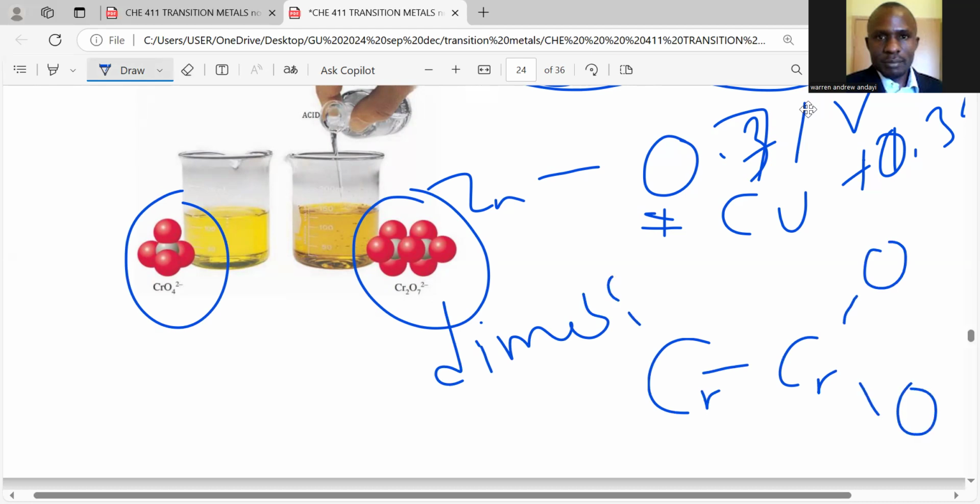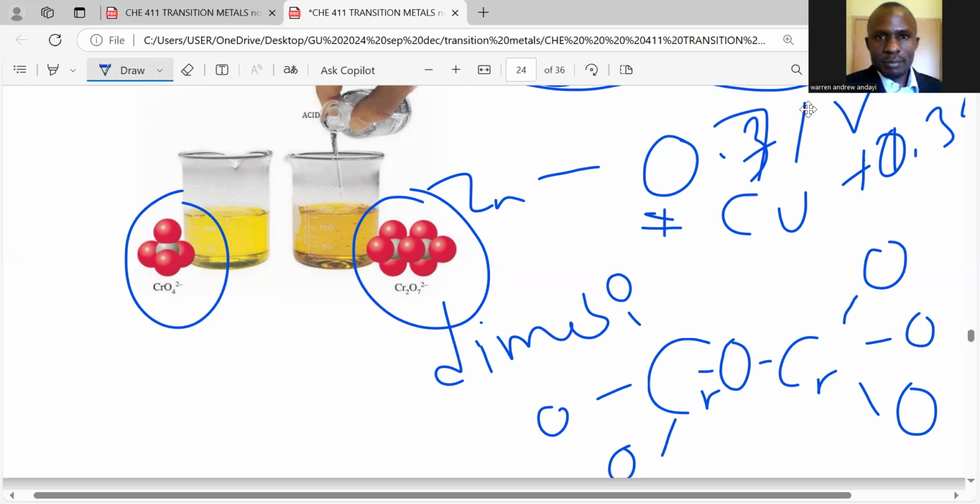Those are 6, so most likely the 7th one is somewhere in the middle between the two metals. Okay, that's how it looks.